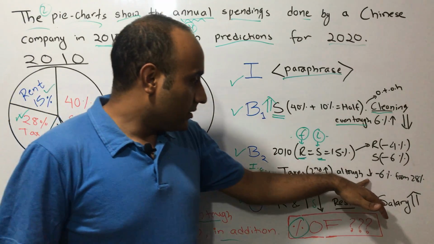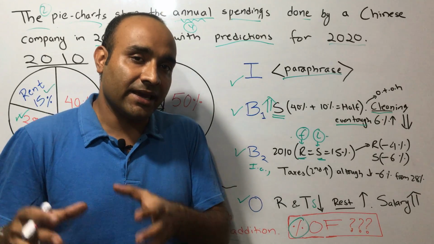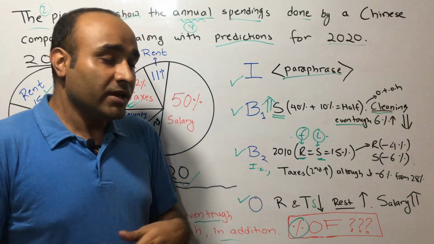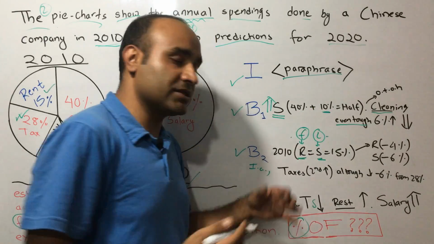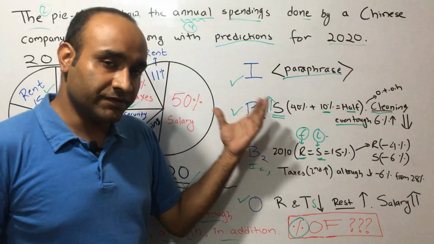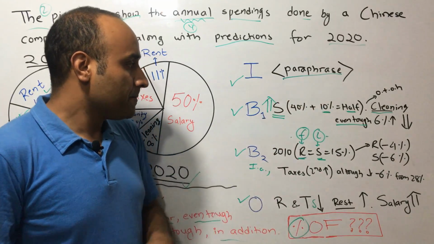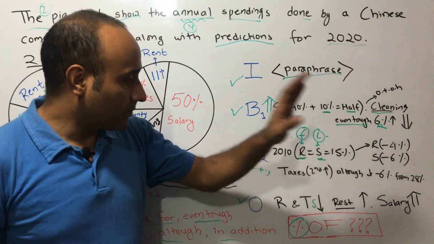Mechanical writing means if you start copying everything as it is given to you in the diagram. If you have noticed here, for example, this number 10% was never given in the diagram. Half, never mentioned. They mentioned 50%, I changed that to half. So 6%, never mentioned in the diagram. These numbers were mentioned.